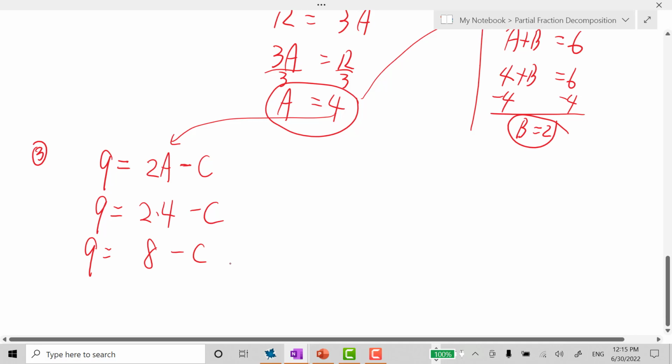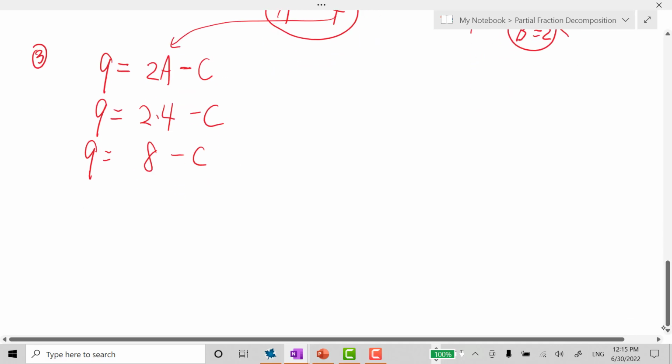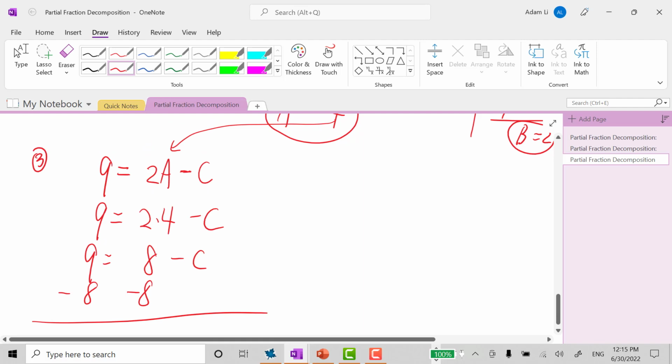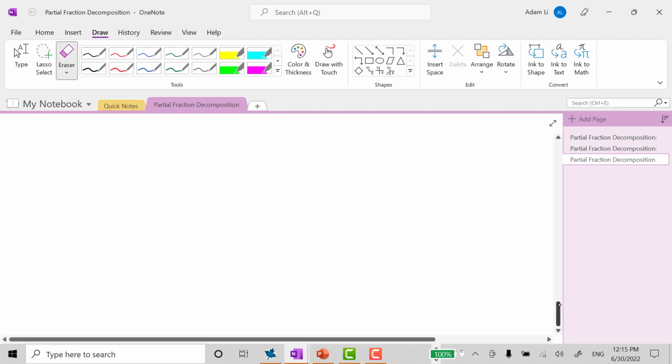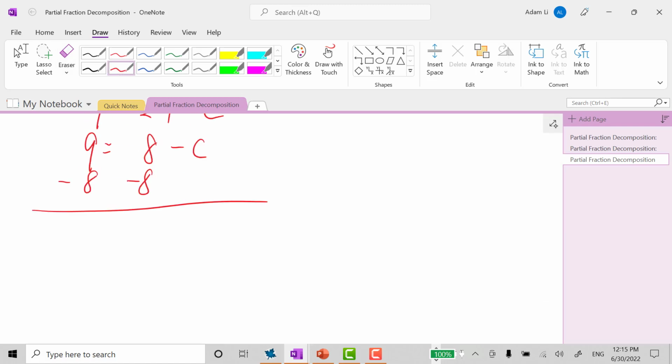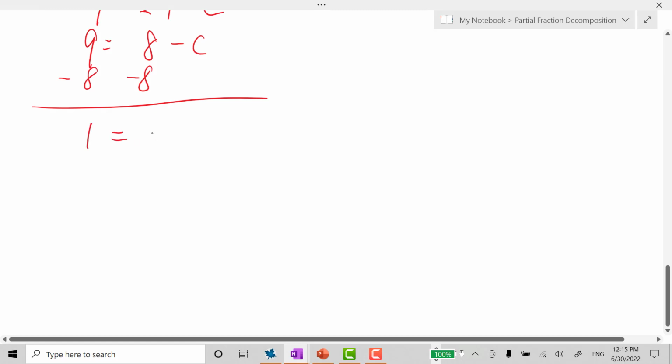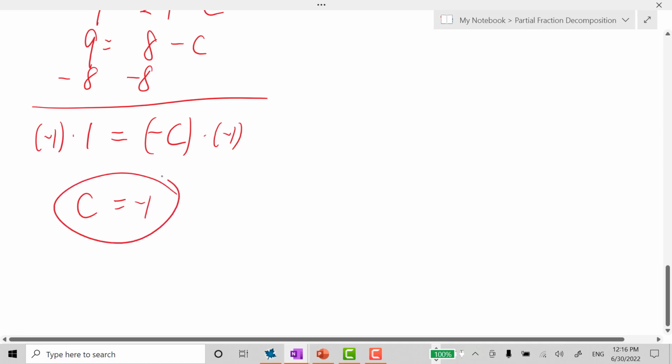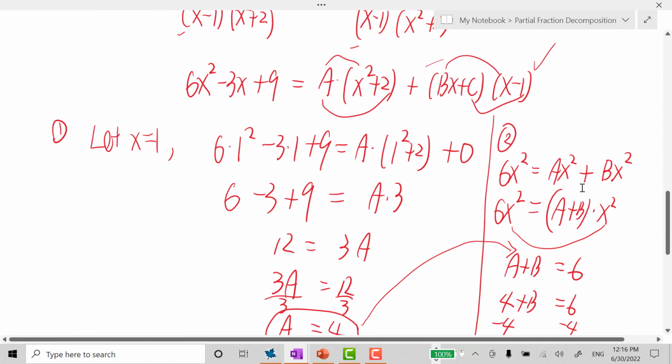Now subtracting 8 from both sides of the equation, we get 1 equal to negative c. So multiply both sides of the equation by negative 1. Then c must be negative 1. So now in that case, we locate all of a, b, and c.